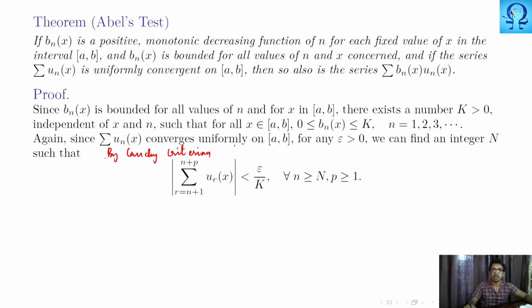Basically it says that the summation i runs from 1 to a particular quantity n of u_i(x) minus the summation i runs from 1 to n plus p of u_i(x). Instead of taking m, and imposing the condition that n is smaller than m, we just write it as n plus p, and this is less than epsilon.